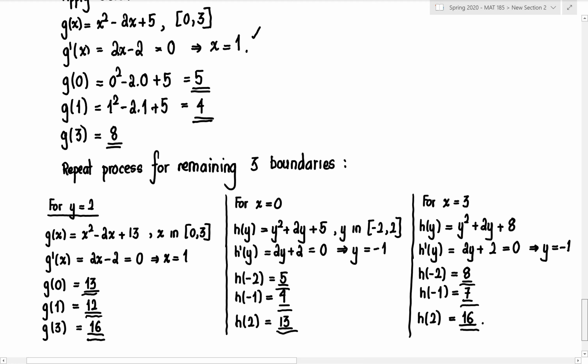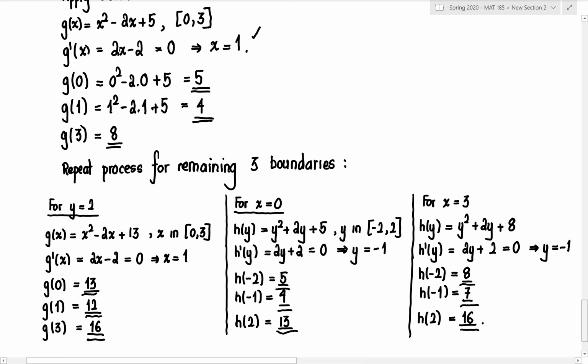All right, so if you did it for the remaining three boundaries, for the top boundary, which is y is equal to 2, your function becomes a single variable function, x squared minus 2x plus 13 for x in [0, 3]. When you do that along the boundary, you get values 13, 12, and 16. Now, for the left boundary, remember your boundary is x equals 0.